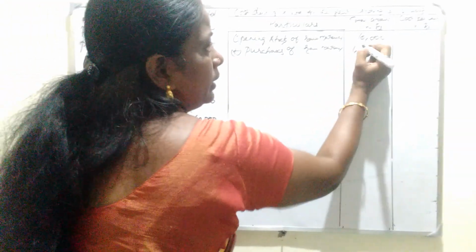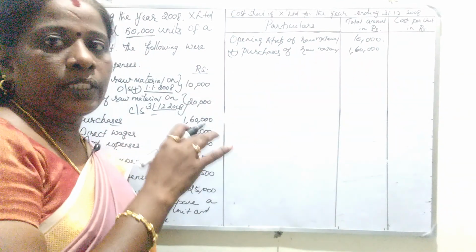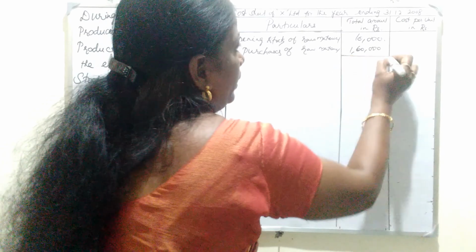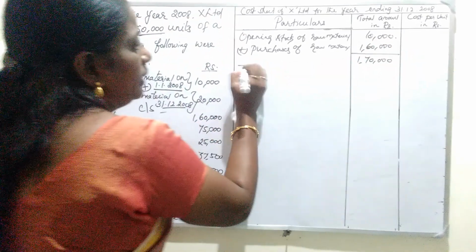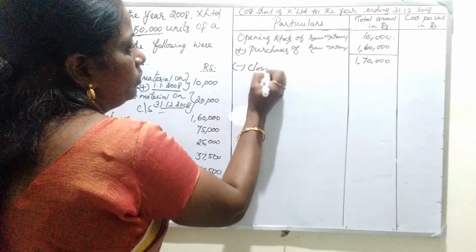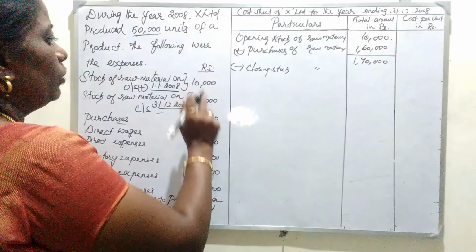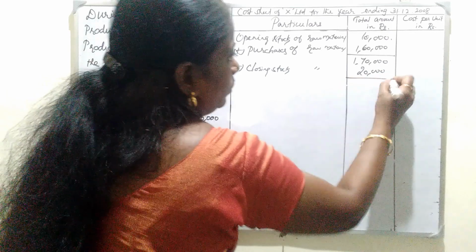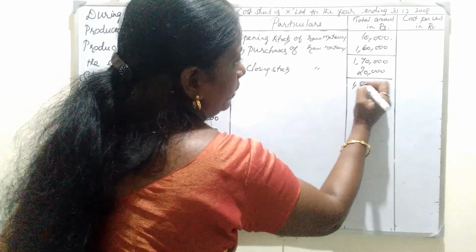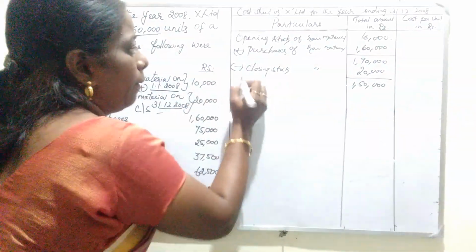If any expenses are related with the purchases of raw material, they should also be added here, but in this problem no expenses are given. So we add these two, 1,70,000. Then we deduct the closing stock of raw material, 20,000. So the answer is 1,50,000, that is raw material consumed for the production process.